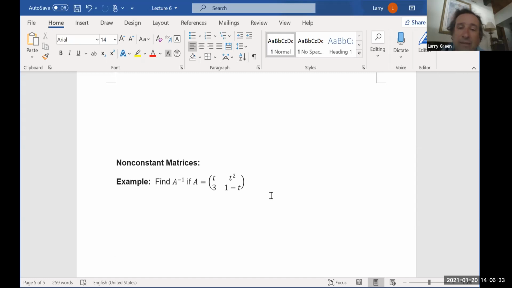Any questions on that? Okay, but the good news is we know how to find the inverse of this. So if we're given a matrix like this, then we could find the inverse if it exists. If it doesn't exist, you can't find it, right? So how do you find the inverse of this matrix? Let me give you a minute to see if you can find it.